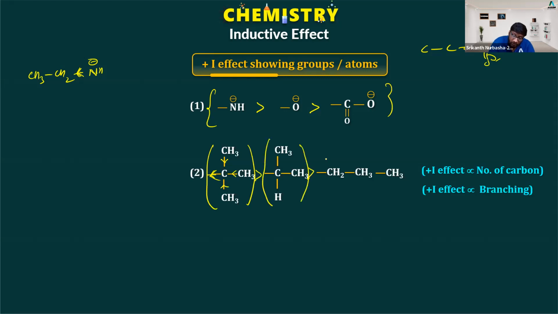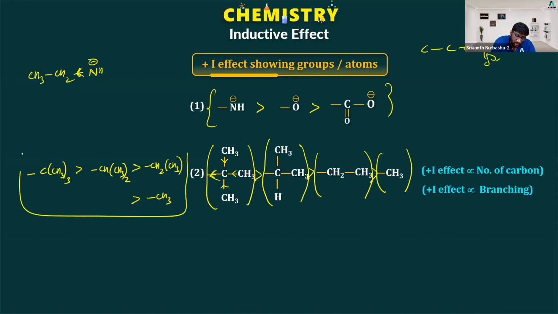Then you will have this one, then CH2CH3, then the methyl group. Yes or no? That means CH3 taken thrice will have greater effect than CH3 taken twice, than CH2CH3, than CH3, because more number of alkyl groups, more is the electron donation.